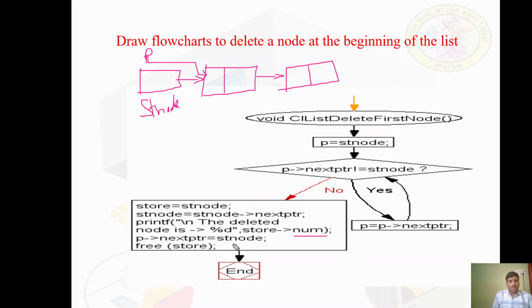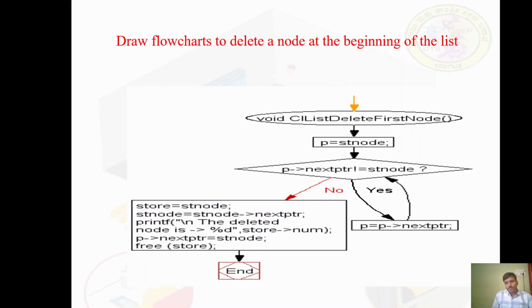So pointer next equal to first node, we declare this pointer next as the first node. Hence this link gets disconnected. Okay, followed by this we have to free the node which is stored in the pointer store, and end it. So this is the flowchart for deleting a node at the beginning of the linked list.